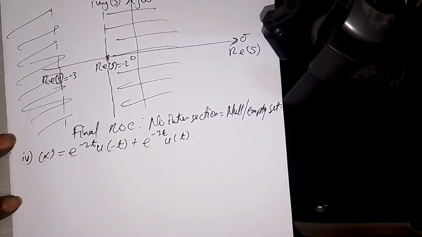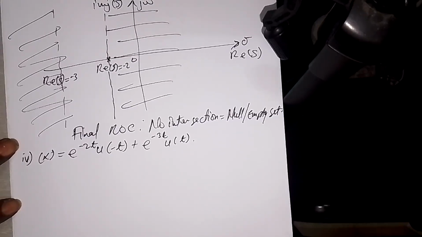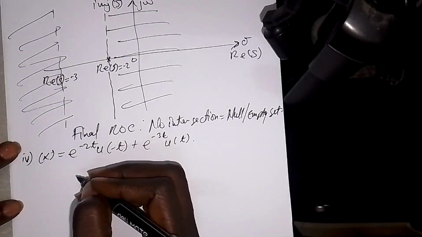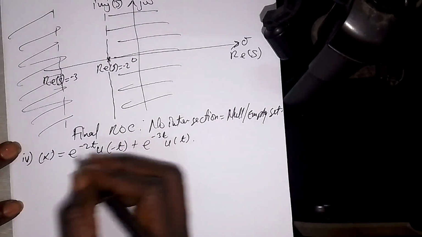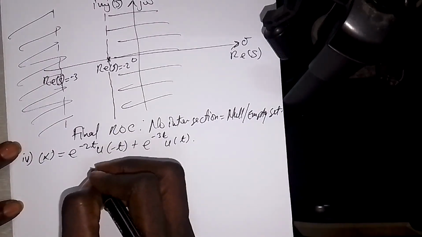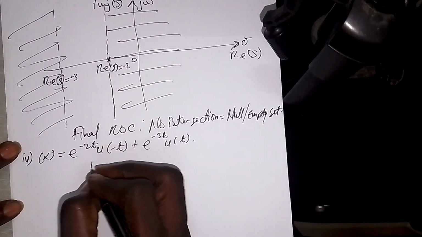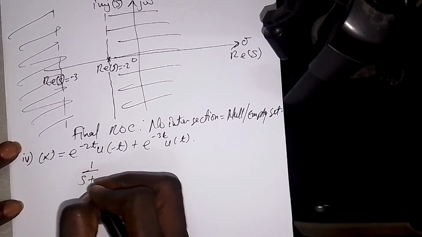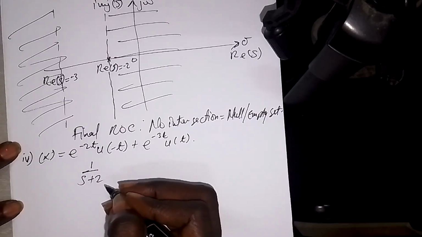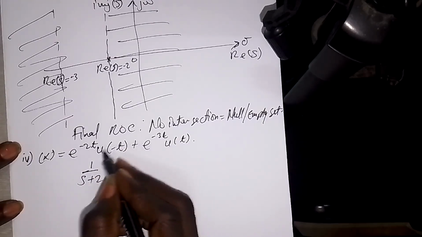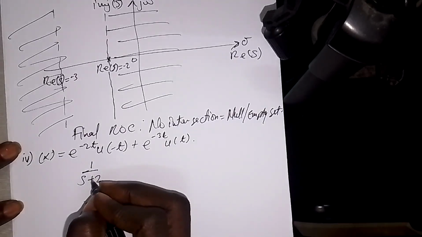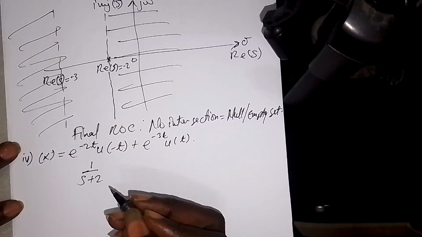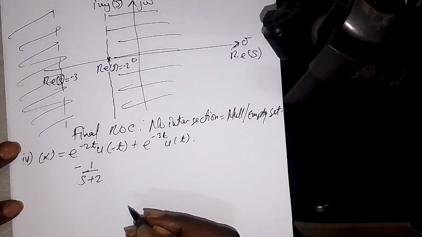Let's briefly look at this one also. In this case, with this one here, we're going to have 1 over s plus 2, but because of this direction, we're going to have it minus here.